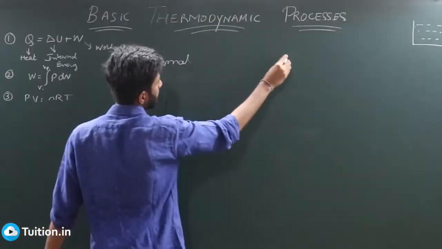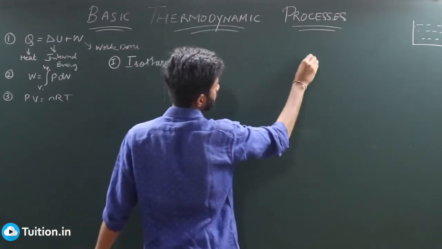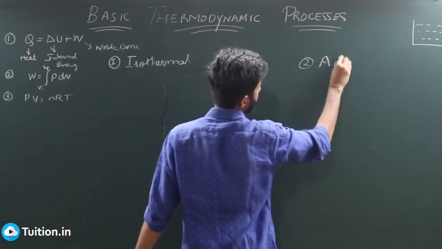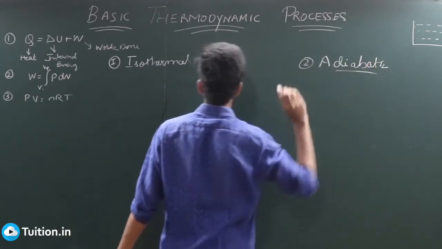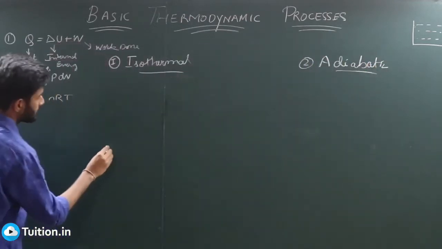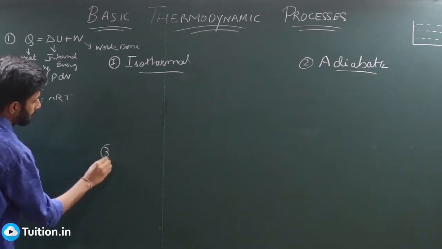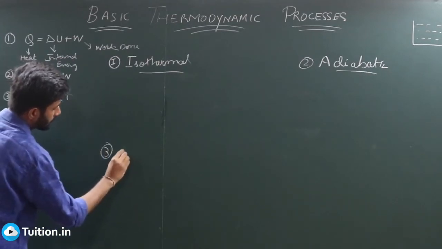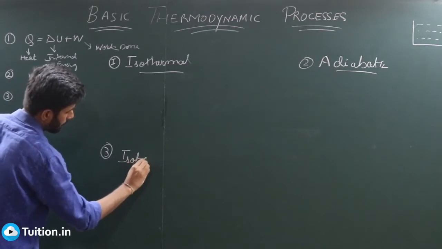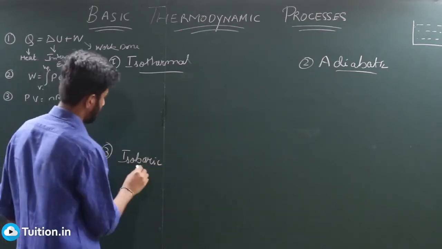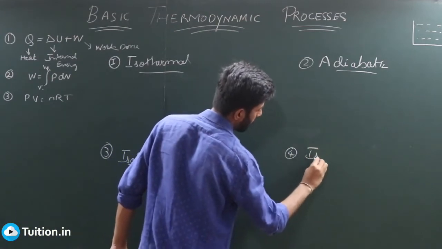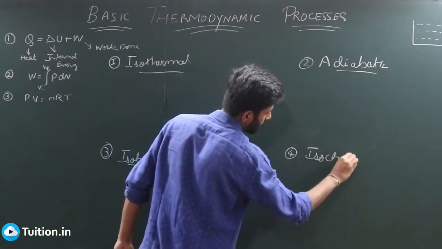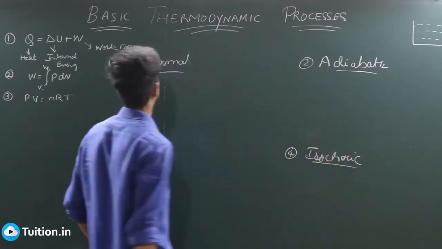The second is adiabatic. The third is isobaric. And our fourth process shall be isochoric. Let's see what all these four processes are.